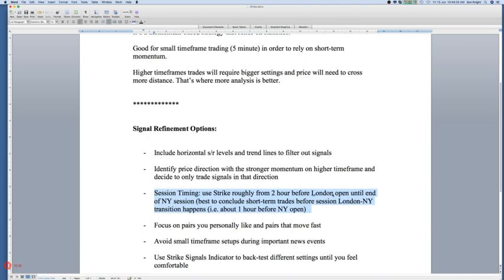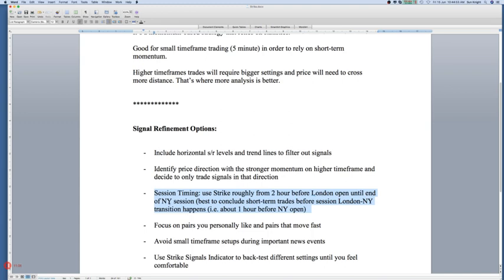If you are in a trade 2 hours before London open, that's fine, but ideally I would want to be at least at break even by the time it comes to London open itself, because you can get an initial jerking movement when the new traders get going, and there can be some change in the dynamic.